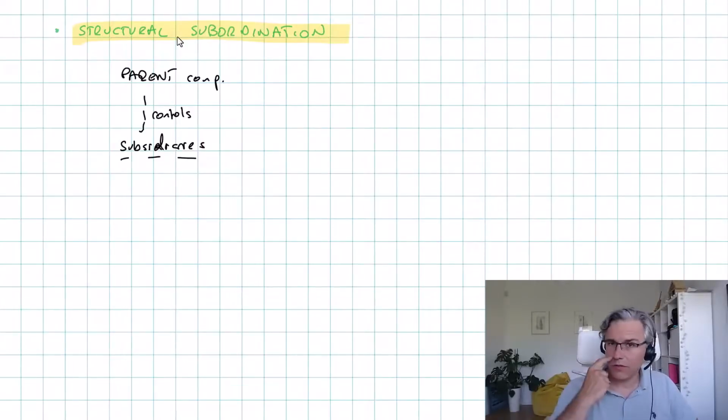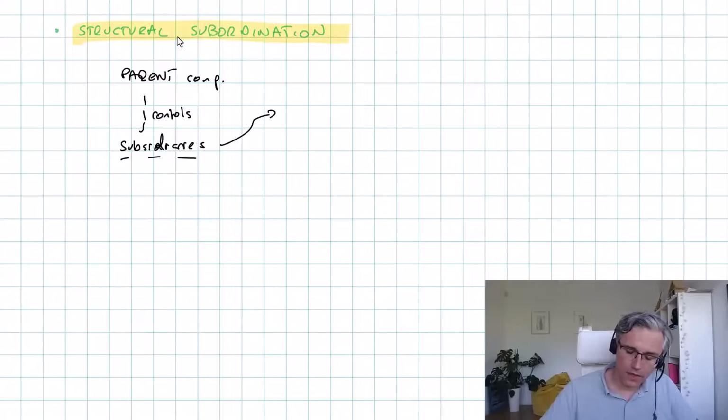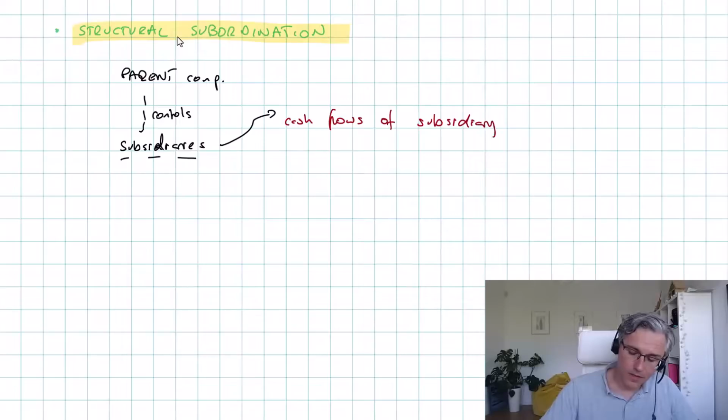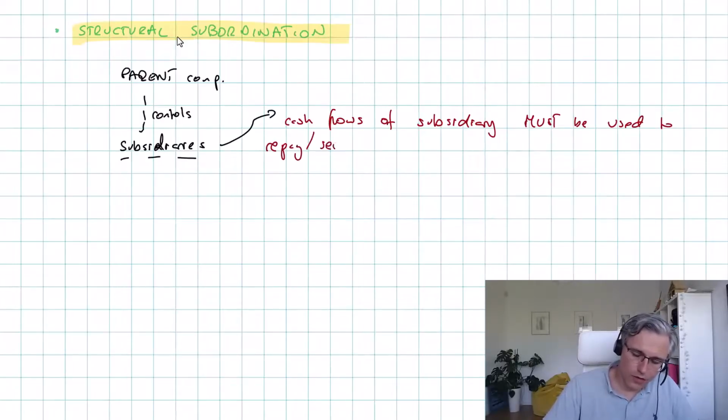Well, structural subordination is all about appreciating the fact that the cash flows of a subsidiary, which in itself is a separate business, must be used to repay or to service its debt absolutely first.